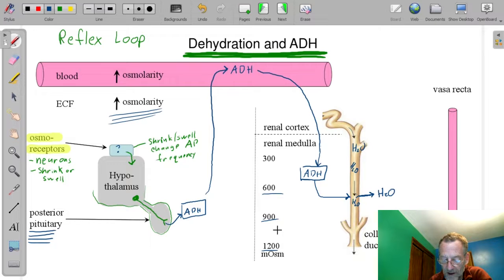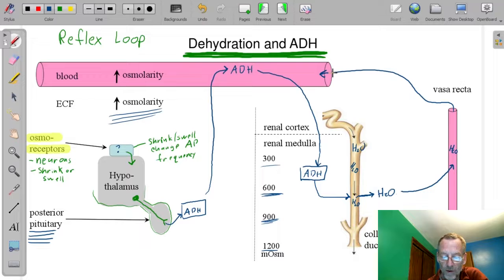There's more solute out here, clearly. So the water flows toward the higher solutes, 600, 900, 1200, etc. It goes out into this medullary osmotic gradient, and then the water is picked up in the vasa recta. It eventually leaves the kidneys through the renal veins and goes back into the blood.